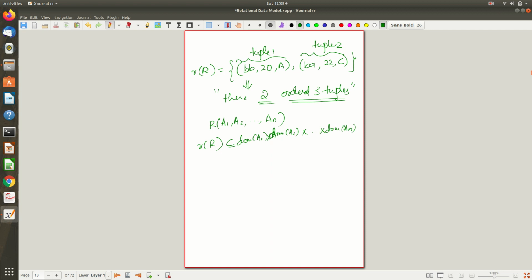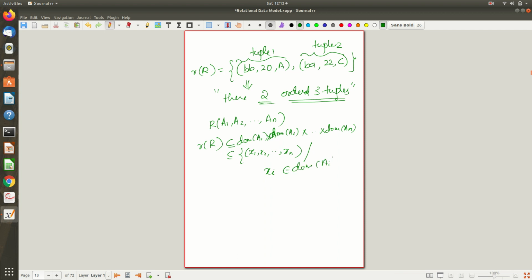Okay, so this is how you will be defining it. Now you can see this is actually an ordered n-tuple, right? Because at any time this contains x1, x2, etc., xn, where each xi belongs to the domain of Ai.